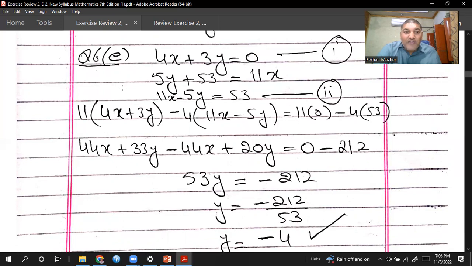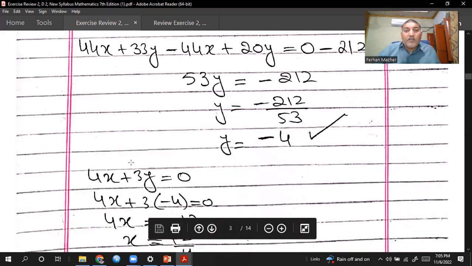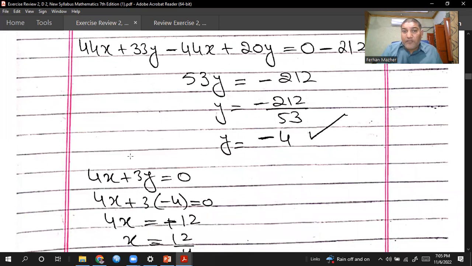So you will have 44x plus 33y minus 44x plus 20y equals 0 minus 212. So plus 44x and minus 44x will cancel each other. So you will have 33y plus 20y, that will be 53y, equals minus 212. So that 53 will go to the other side, it will divide there. So y equals minus 212 divided by 53. y will be equal to minus 4.